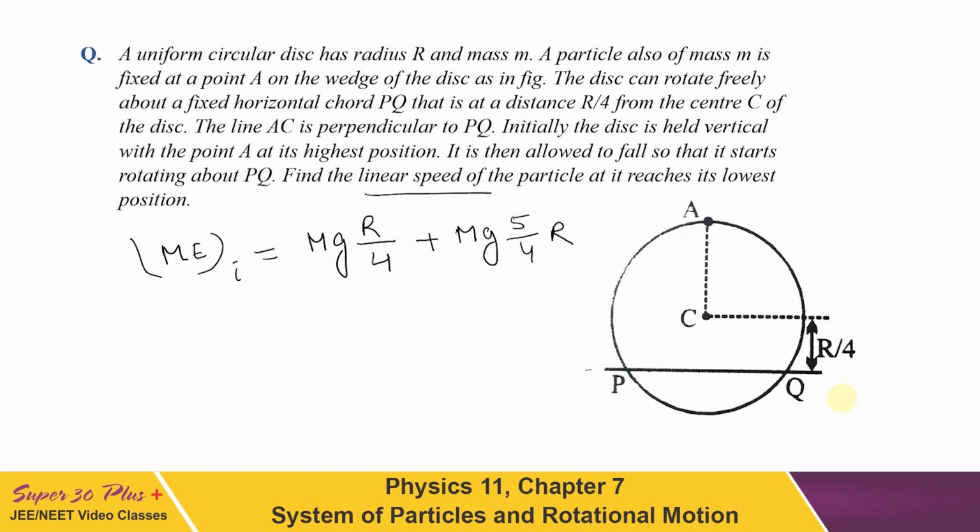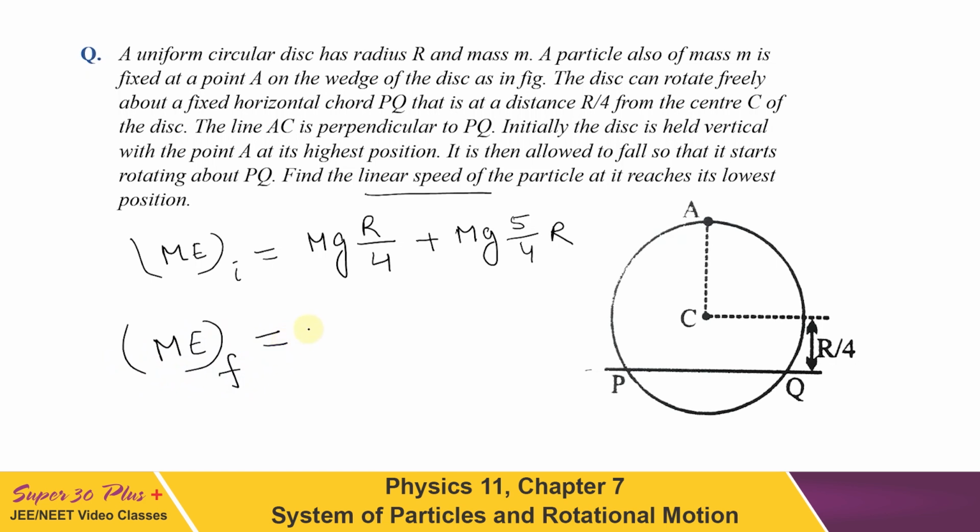Now when the particle A reaches the lowest position, what will be the mechanical energy then? Mechanical energy final should be equal to, because now the center as well as A has come down by the same height with respect to PQ, and A has reached the lowermost position.